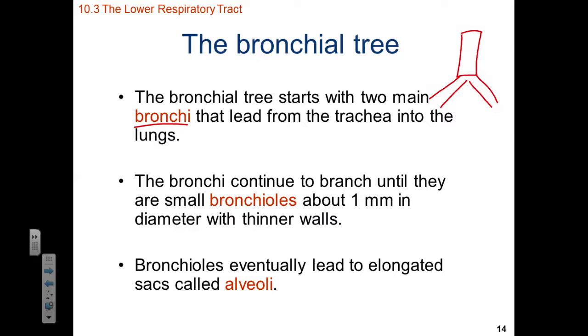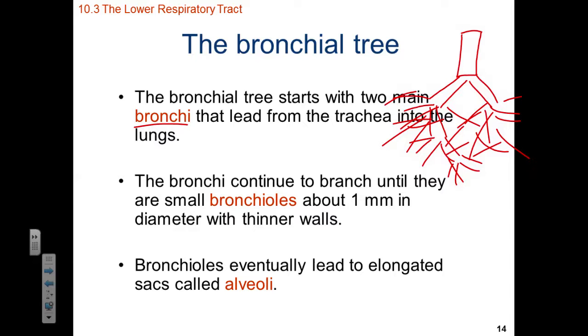There's up to 23 orders of branching for these bronchi and bronchioles. So we can have secondary branching, tertiary branching, quaternary branching, and so on, and we can repeat that process 23 times over, and it looks like an upside down tree, aka the bronchial tree.